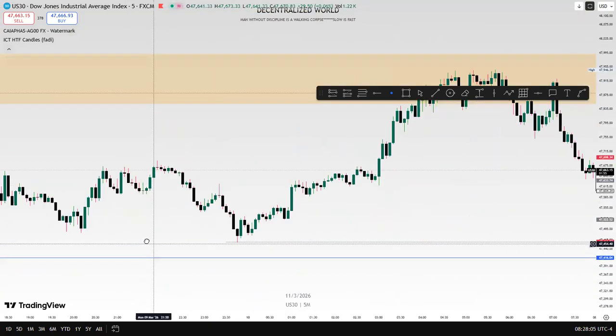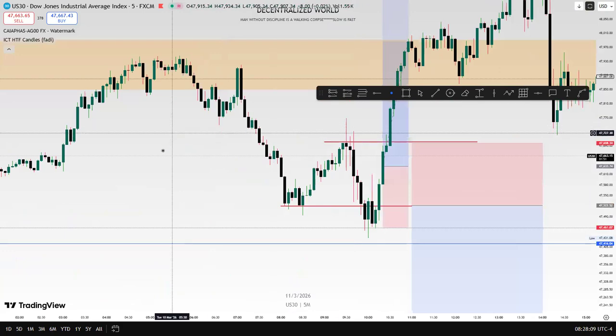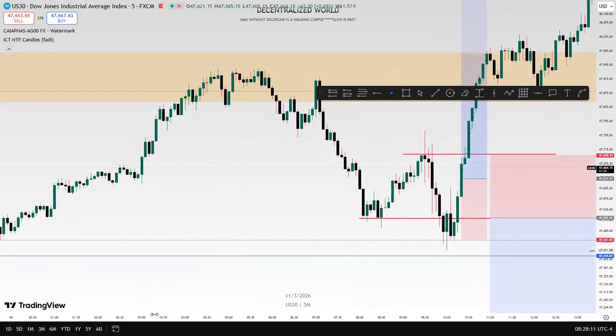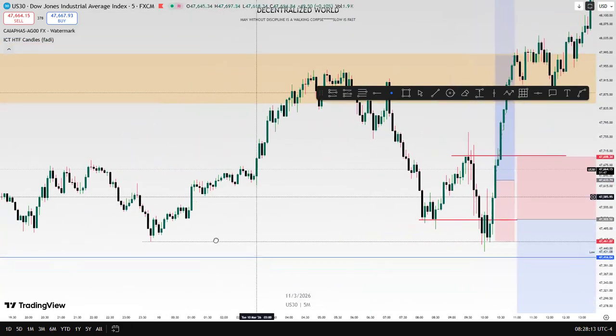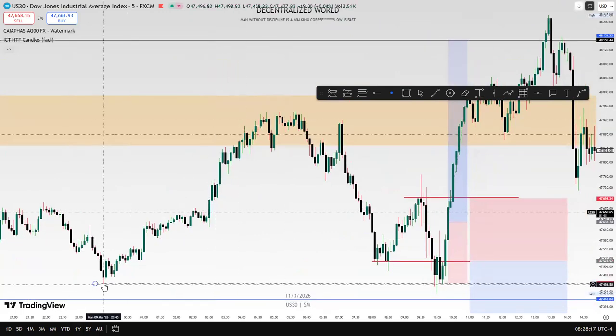Then if you take a look at yesterday's price action, we had a high. On a higher time frame, we had this high, we had this low.